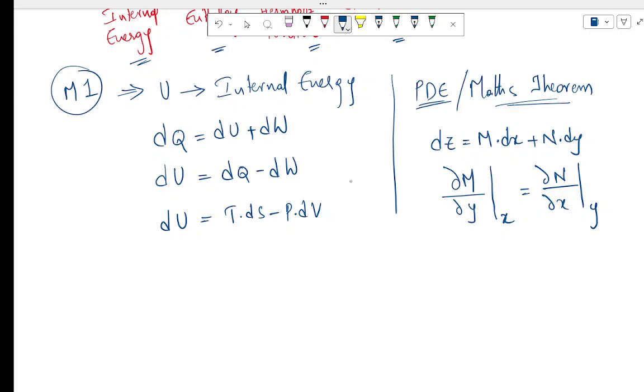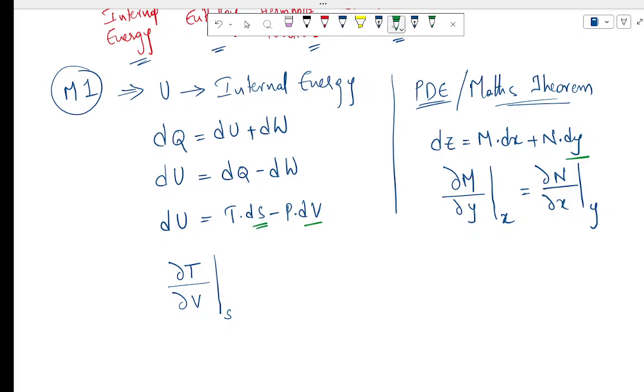Based on this expression, if I apply it here for this du, in place of m, I have t. So I can write dou t in the numerator, and in place of y, I have dv here. So I can write dou t by dou v here, that too at constant s, s being your x here.